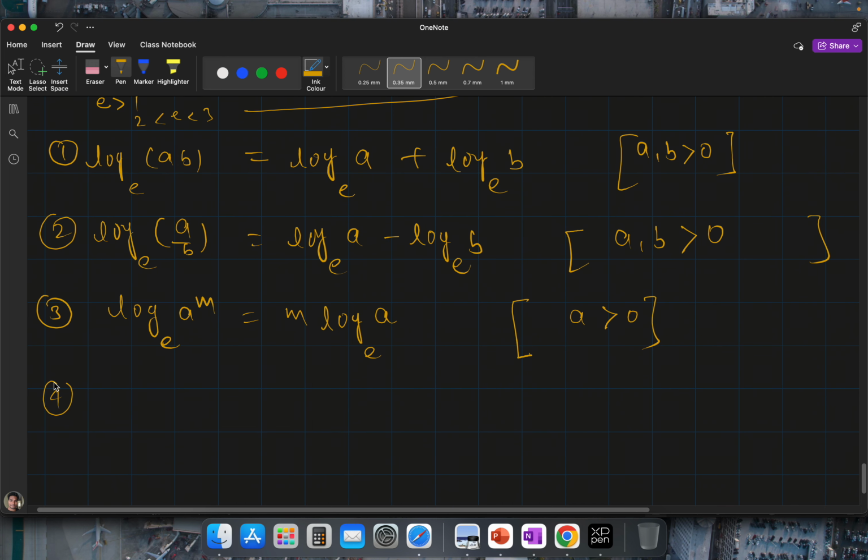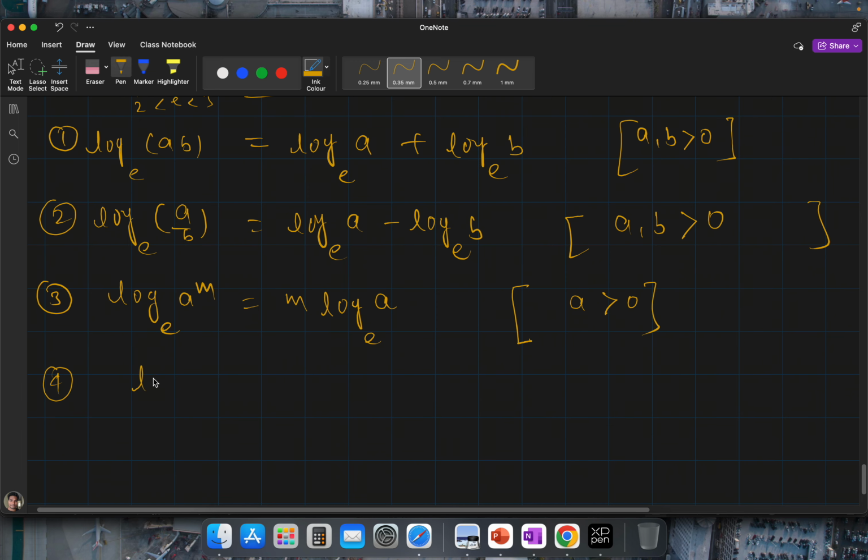Now let's talk about the fourth property. Log of a to the base a, what is the value? 1. And what is the restriction? a should always be greater than 0, and a cannot be equal to 1.